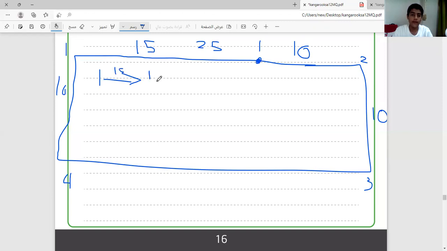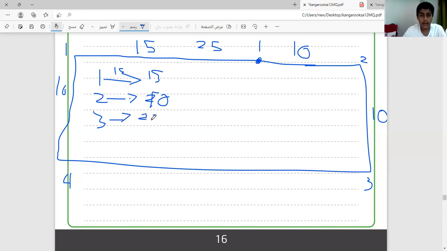The second one spent 10 meters to go there. Then the third one spent 20 meters. One minute, I'll just go through it again.